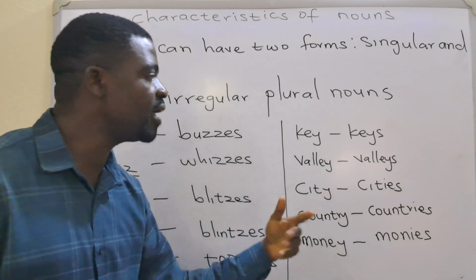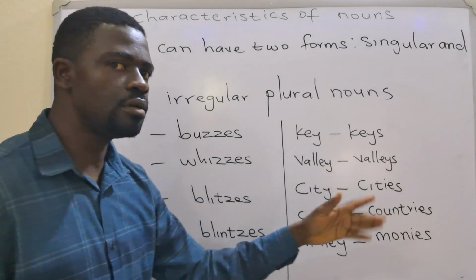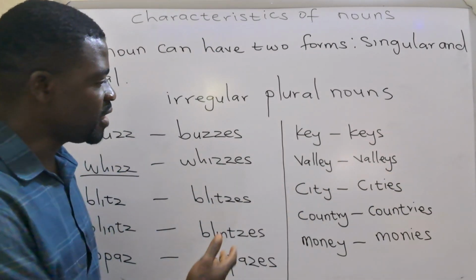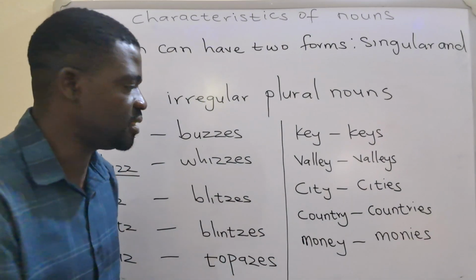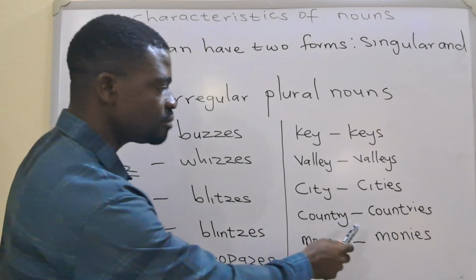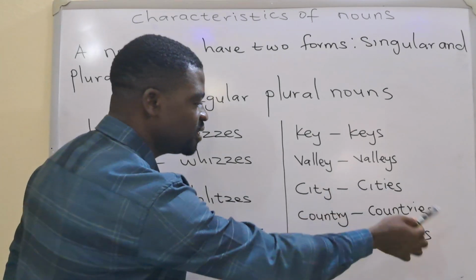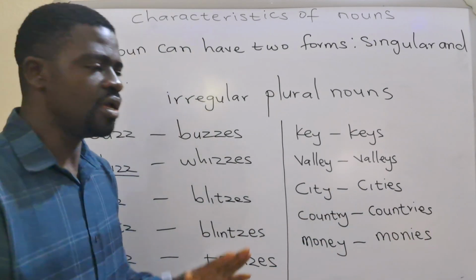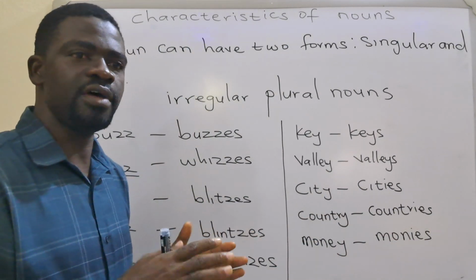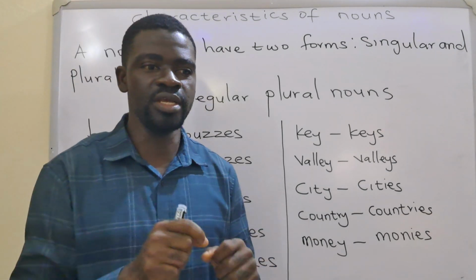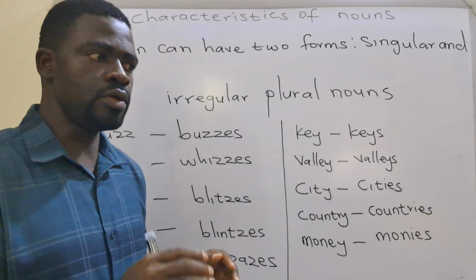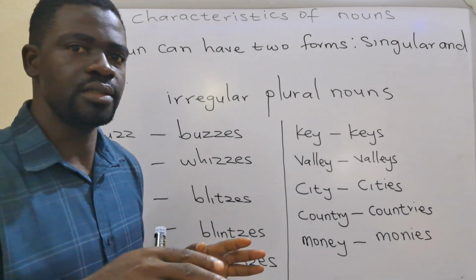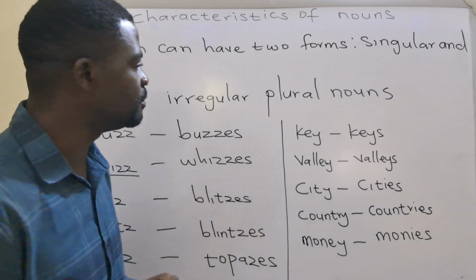I will take away the y, put ies to form a plural form. And you can see that for a couple of nouns because they have a regular pattern. Country, countries, city, cities, body, bodies. So such nouns have an established pattern that you can easily identify. And if you want to make plurals, you can easily know what to add to make the plural of that noun.